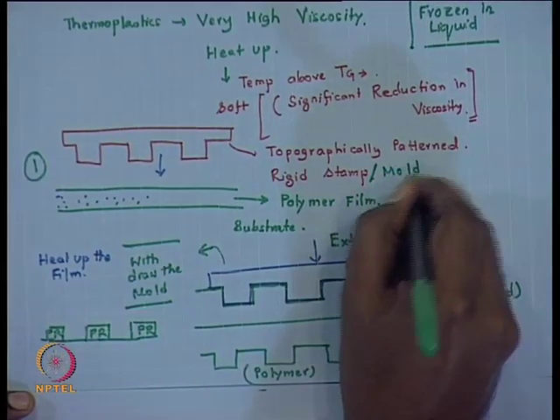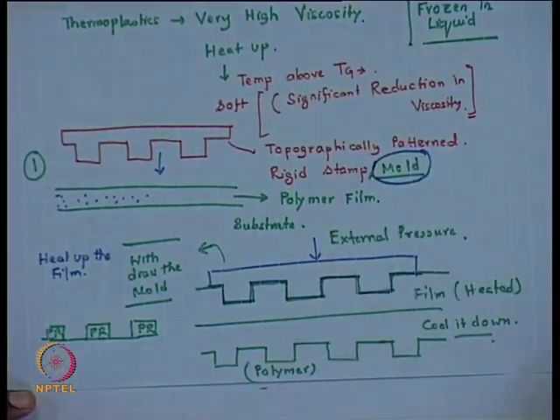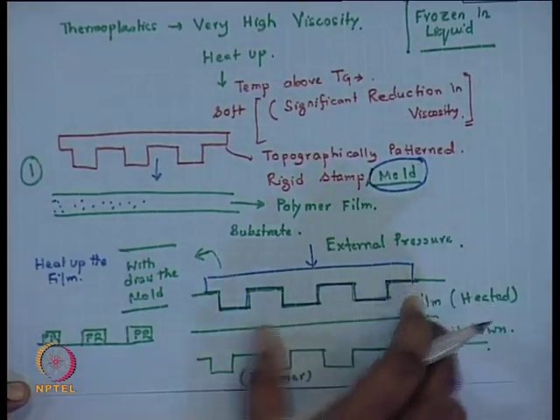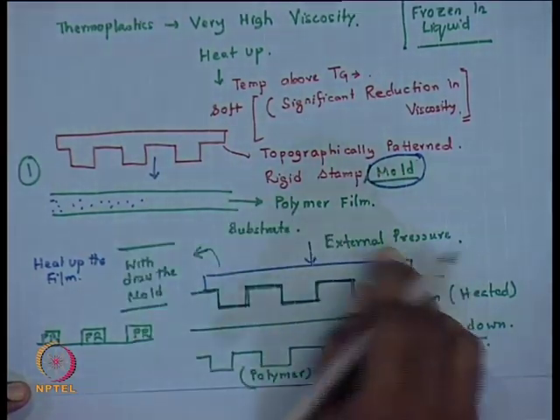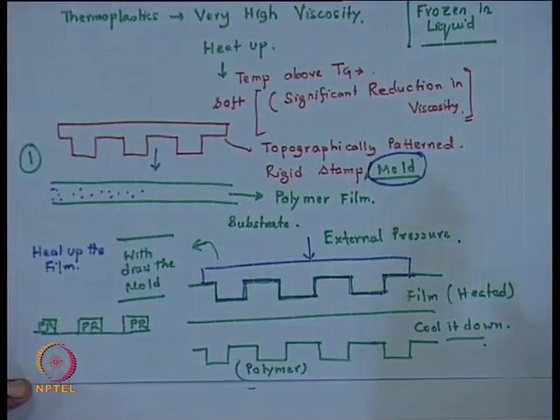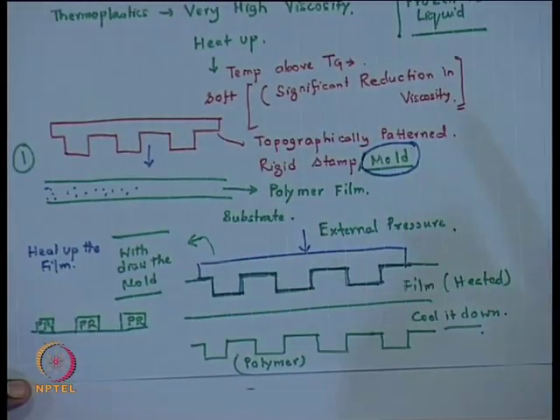I would be more careful in using the word mold, which is more specific to the nano imprint lithography group of methods. Second stage, you heat up the film, bring the mold in proximity to the film, press it hard against the film, cool the whole assembly while the mold is in place. So, that takes the liquid back to the frozen-in state, and then simply remove the mold. So, you have a structured polymer film.